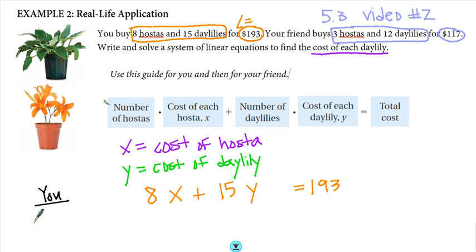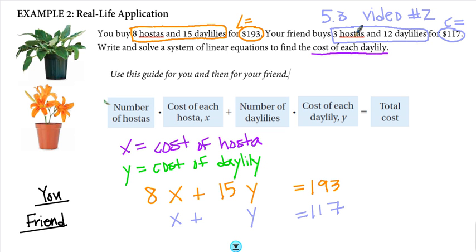And then we have your friend, and this time I'm going to use a different color. Again, we have X and Y. For your friend, he or she bought 3 hostas and 12 daylilies for $117. So 117 will be the constant for this equation. That's the total.